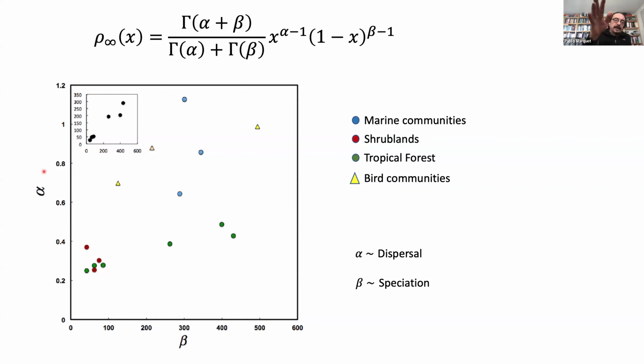The first example was this cultivar of E. coli, where through niche construction you achieve neutrality, and now there is a generalization of the importance of neutrality, that species are eventually similar in their fitness, for understanding species abundance distributions, and especially the frequency of species in a particular community, and they follow this beta distribution.